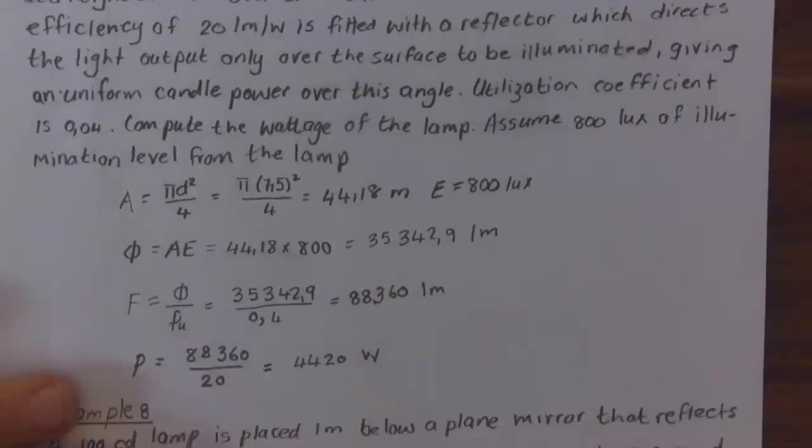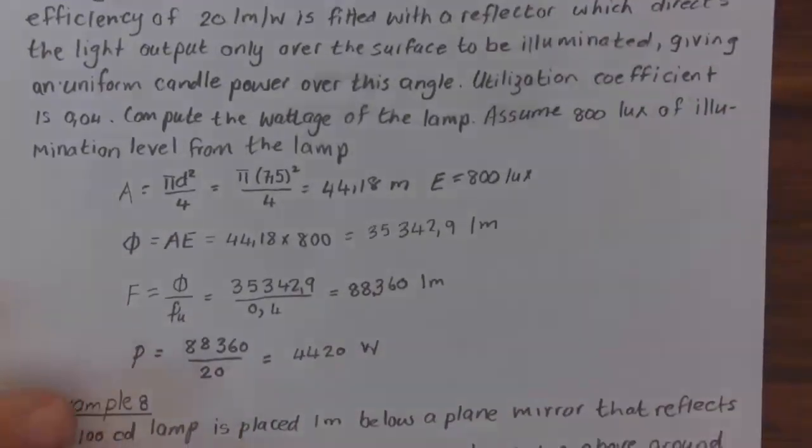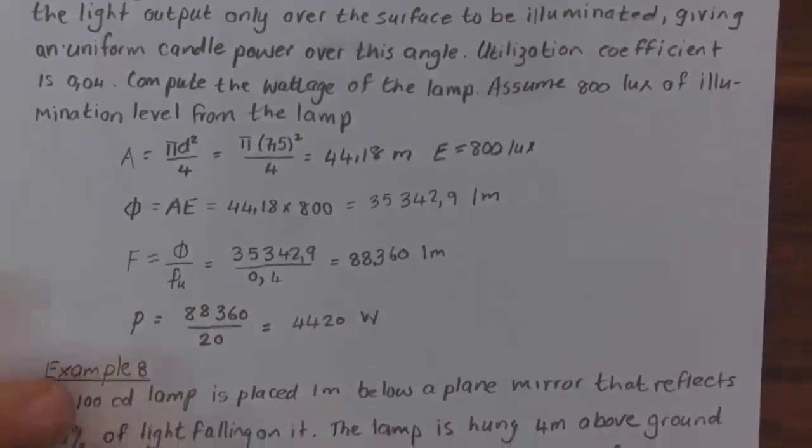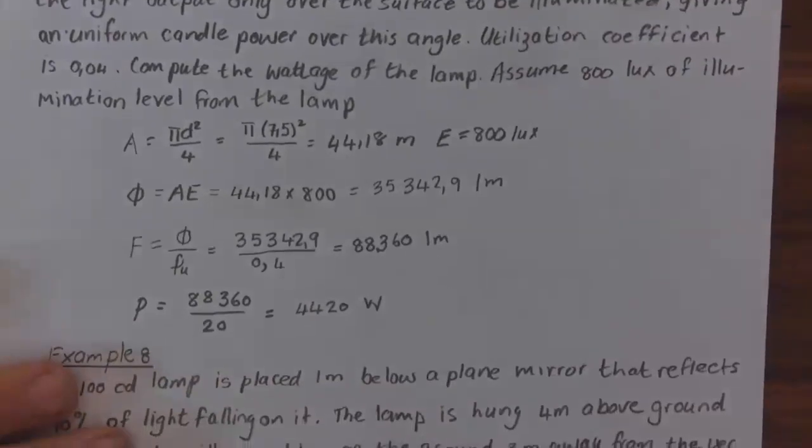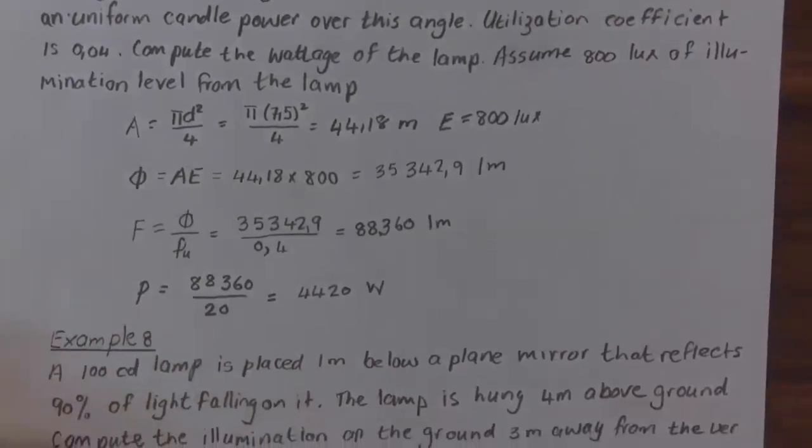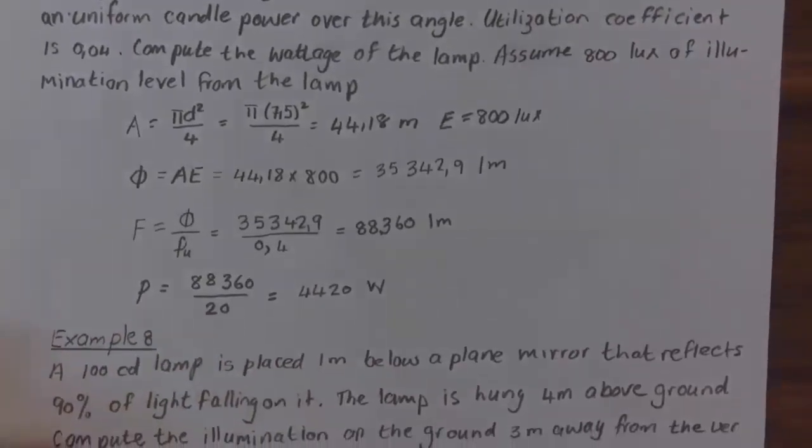So area is pi d squared over 4, which gives us 44.18 square meters, where E is 800. So the flux is A times E, which is 44.18 times 800, which gives us 35,342.9 lumens.